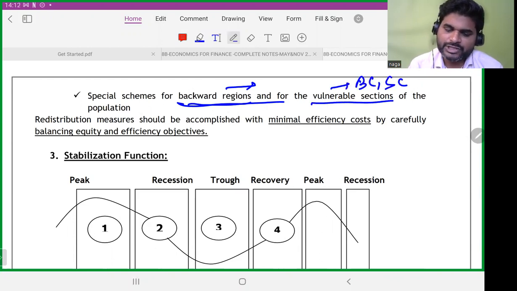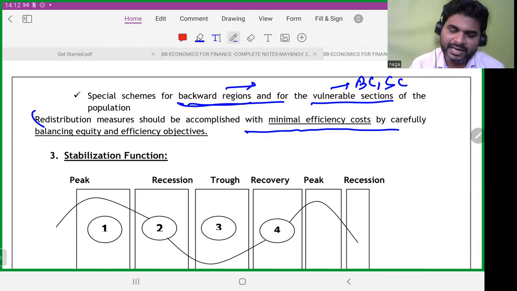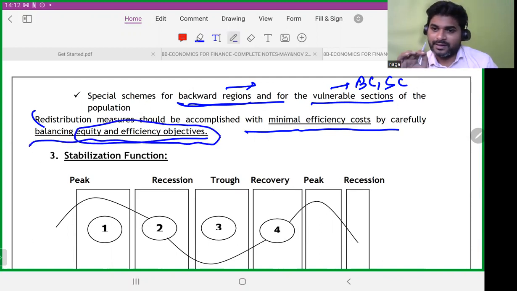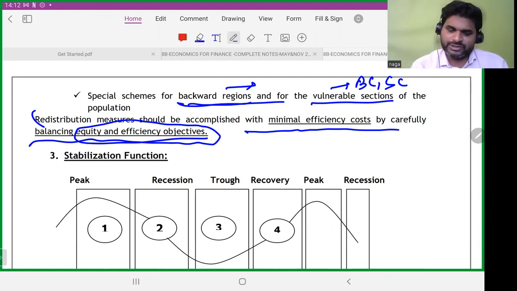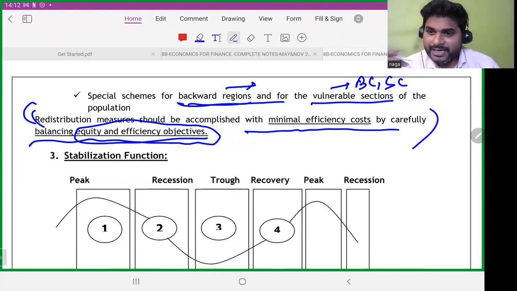Redistribution measures should be accomplished with minimal efficiency costs by carefully balancing equity and efficiency objectives. This is where there is a problem in the redistribution function of the government. When the redistribution is done, merit will lose.